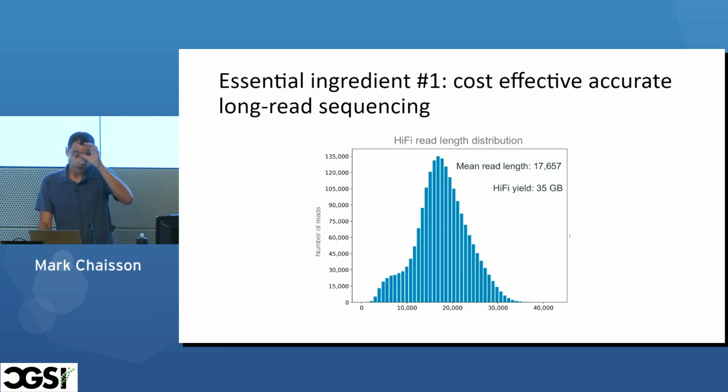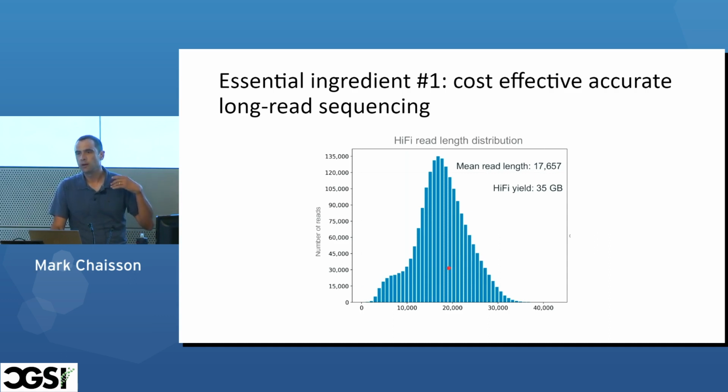So the first essential ingredient for having this happen has been the development of long and highly accurate reads from PacBio. So this is a moderately old slide, but the average length that's shown here is a little less than 20 kb.